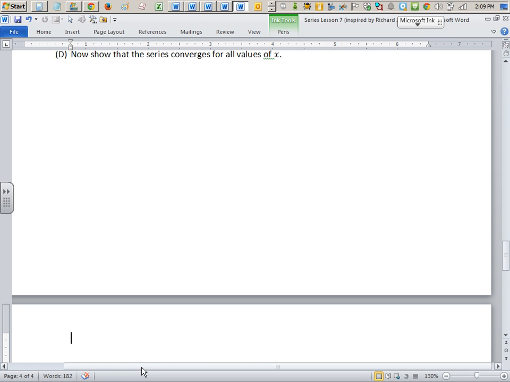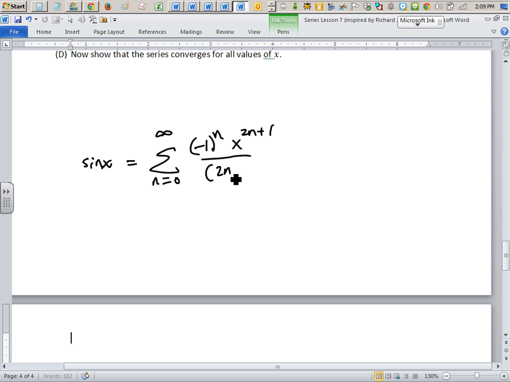that we saw sine x can now be written as the sum from n equals 0 to infinity with an alternator and an x to the 2n plus 1 power over 2n plus 1 factorial. E to the x can be written in the same format. This time it's a little simpler. It's just x to the n over n factorial.